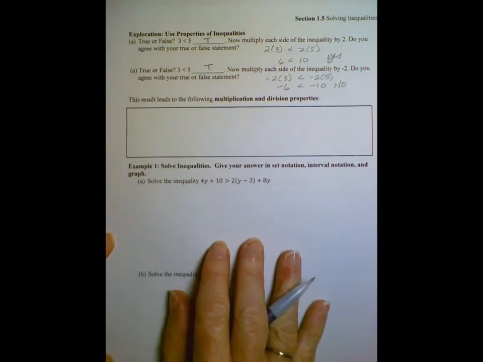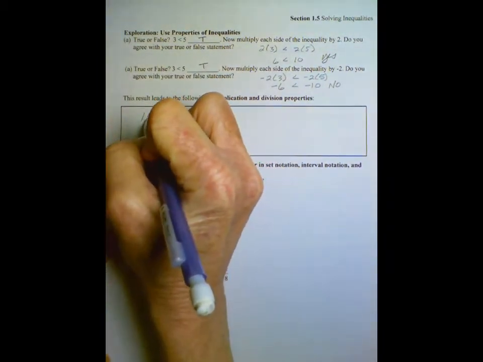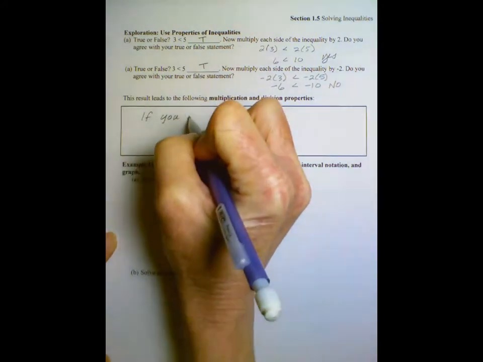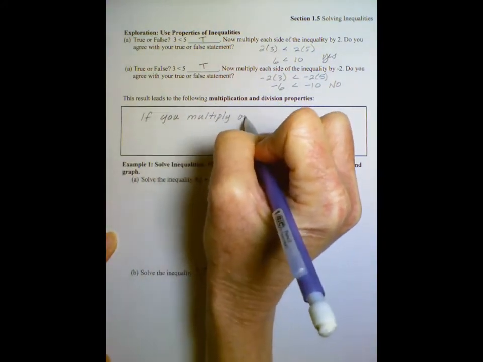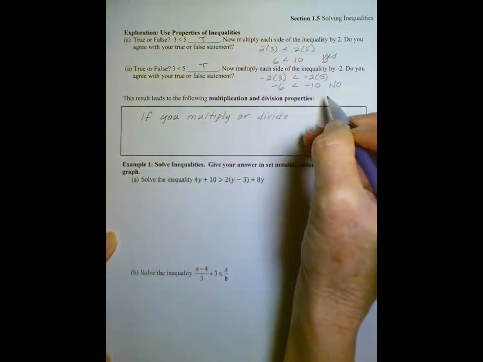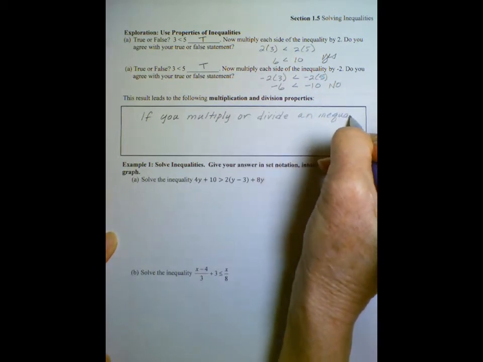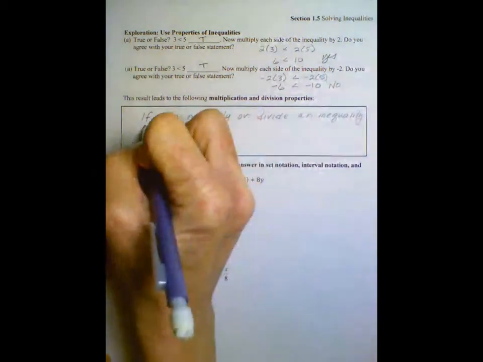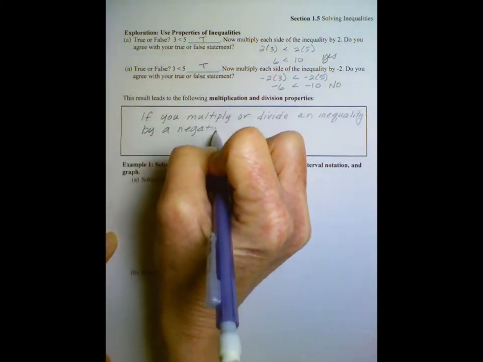And just in basic words, that tells us, and I'm sure you're remembering this, if you multiply or divide an inequality by a negative number, what do you have to do?